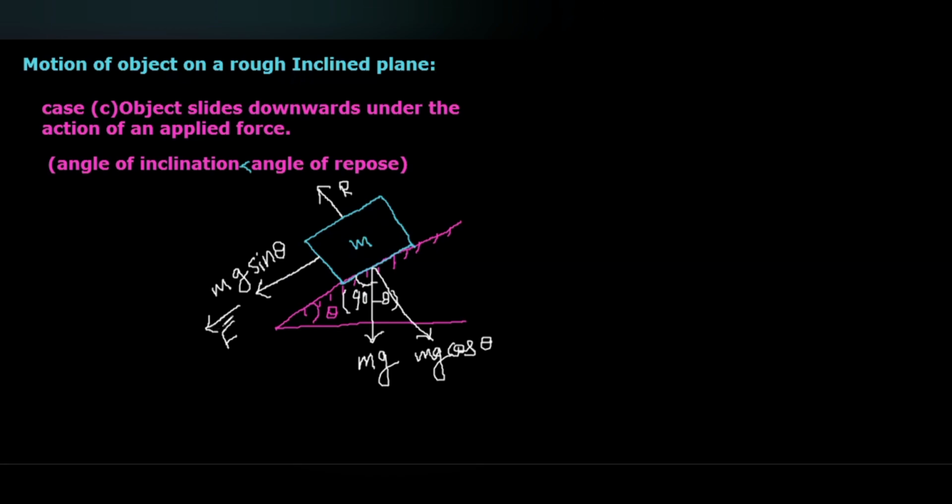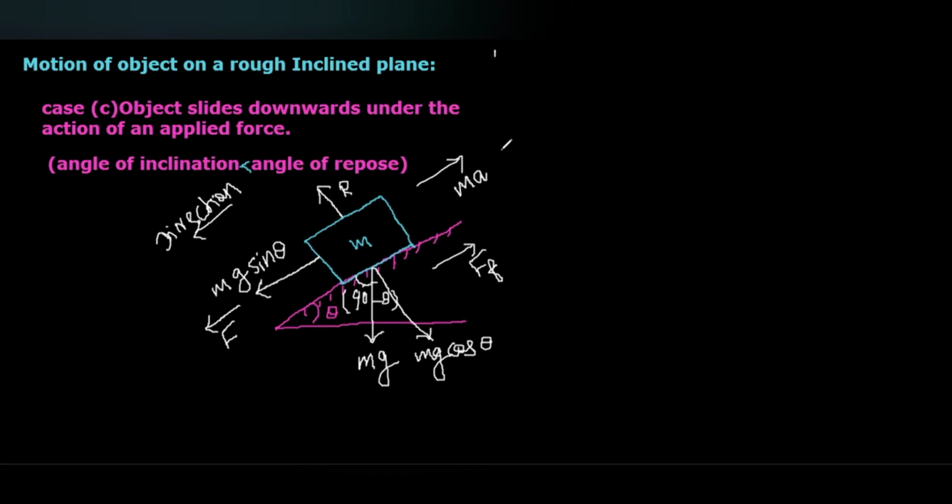And when we apply the external force F, due to F and mg sin theta, now this object slides downwards. So the frictional force FF will act upwards. So if this is the direction of motion, then the inertia force, mass into acceleration, will act opposite to this direction.